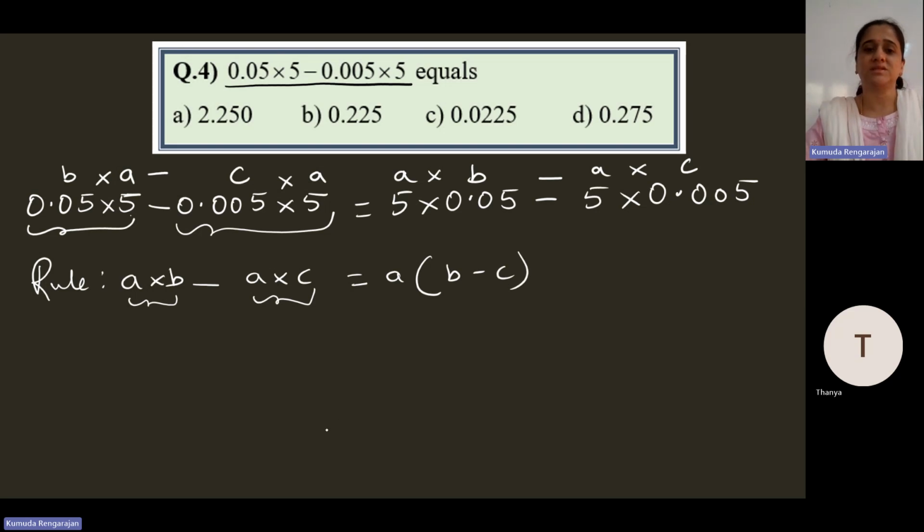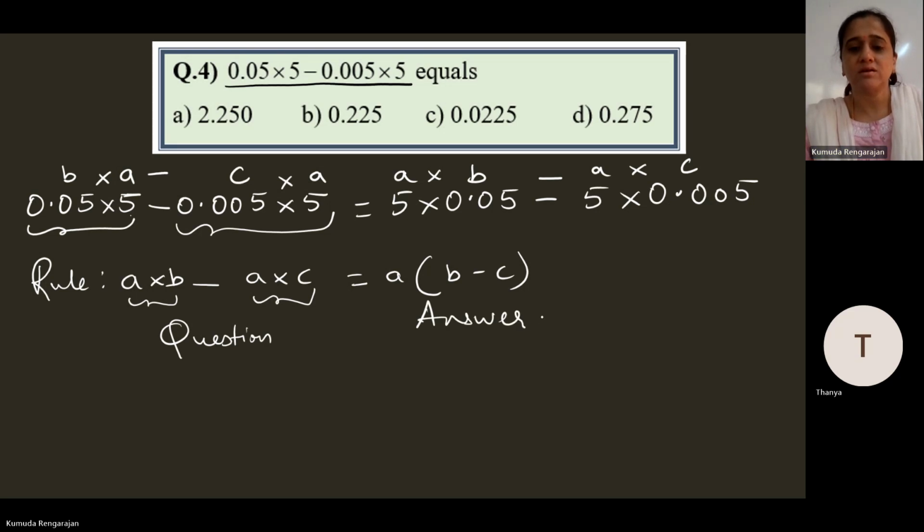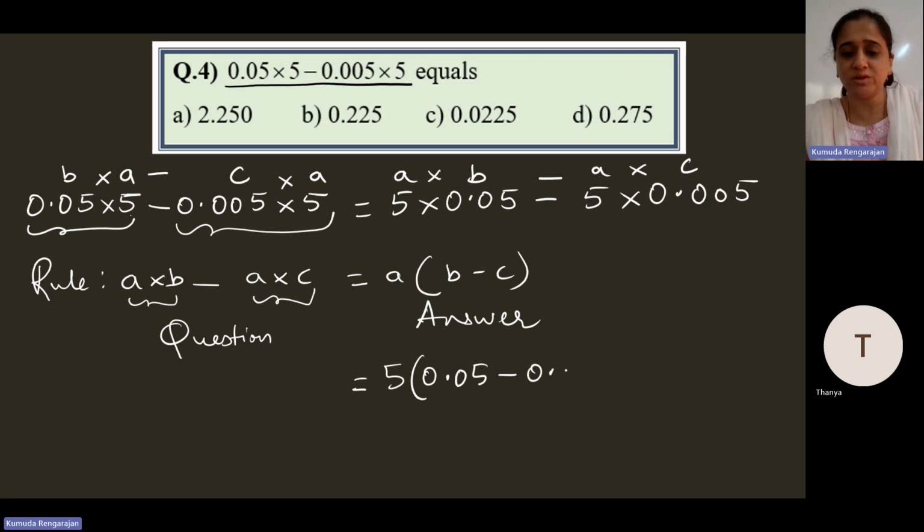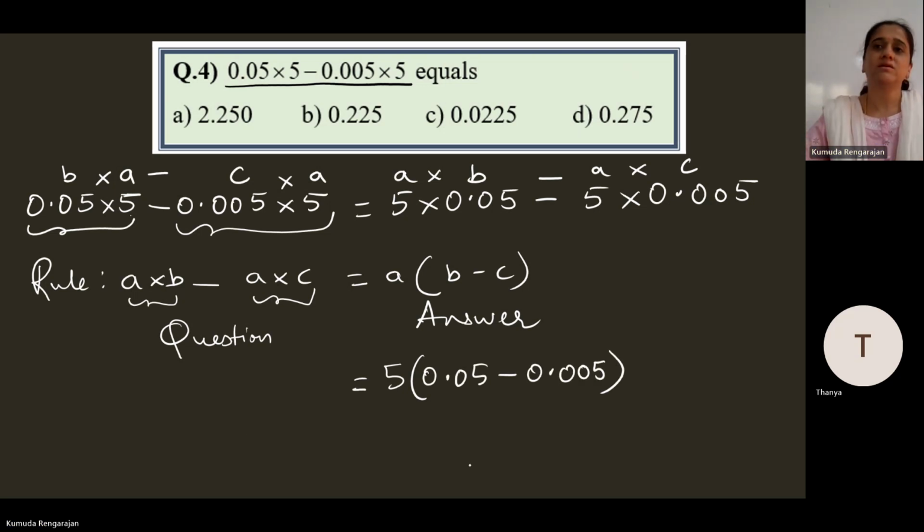So what we have is A into B minus A into C. What should be the answer? A is 5, into (B minus C), where B is 0.05 minus C, which is 0.005. See, this is A into (B minus C).